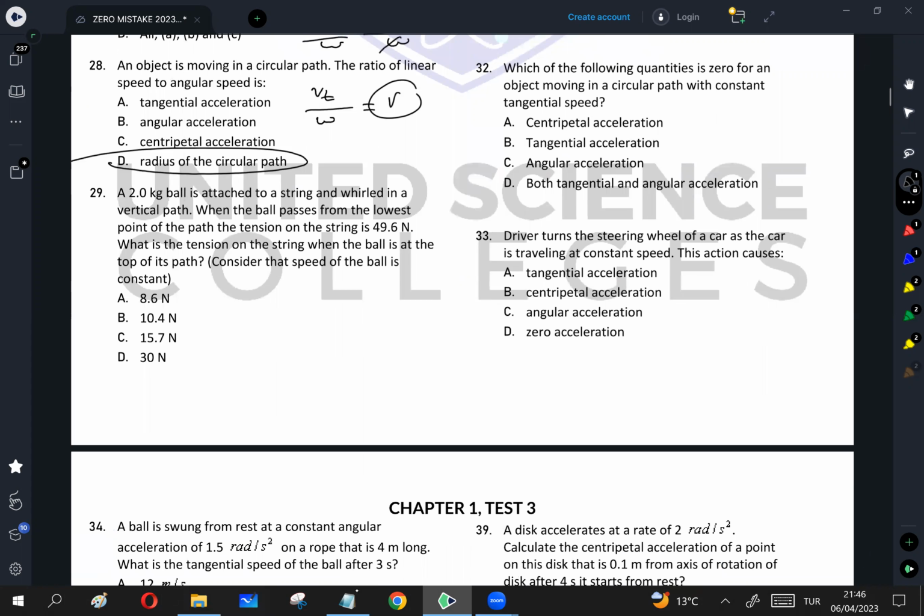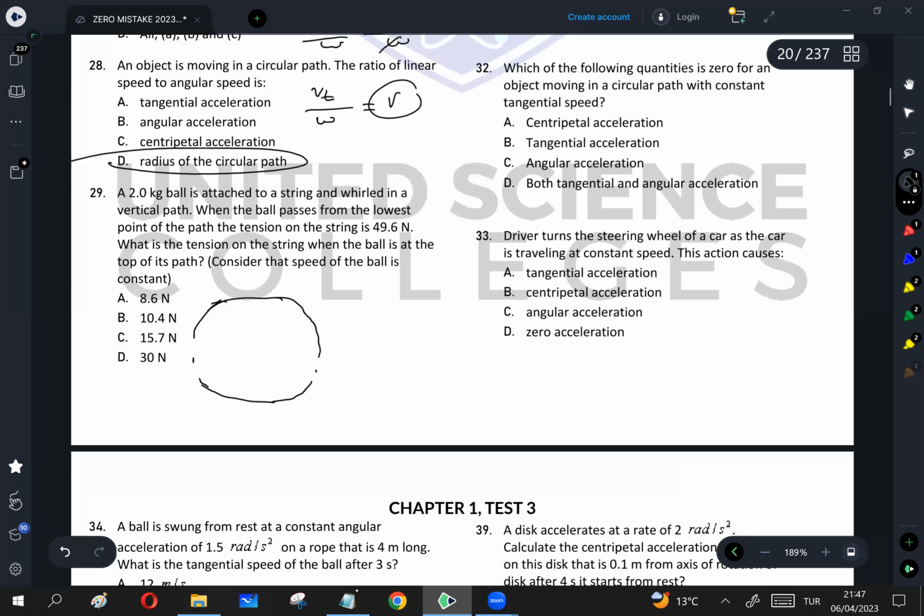29, a 2 kilogram ball is attached to a string and whirled in a vertical path. When the ball passes through the lowest point of the path, the tension on the string is 49.6 newtons. What is the tension on the string when the ball is at the top of its path? As the ball moves in a circular path, at the bottom the tension is given.